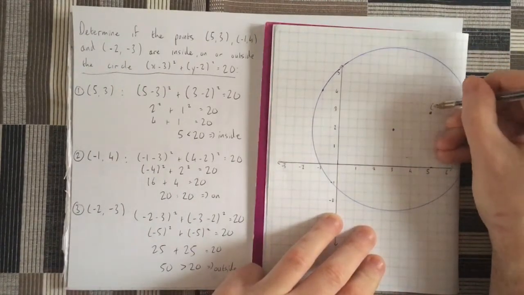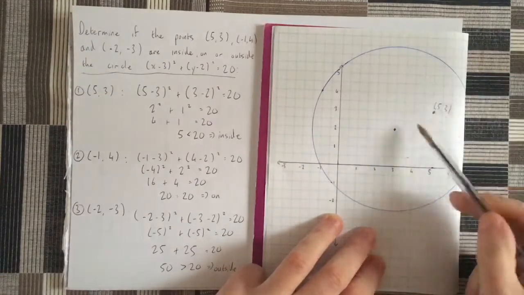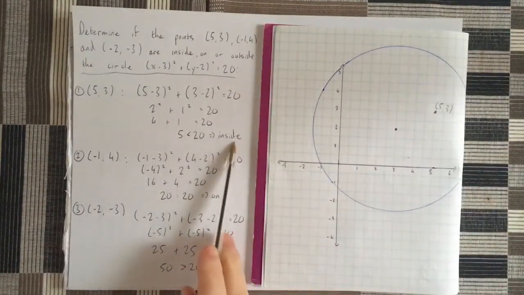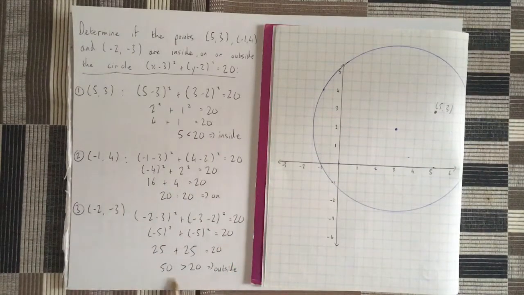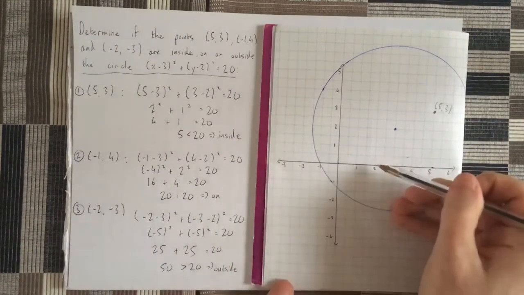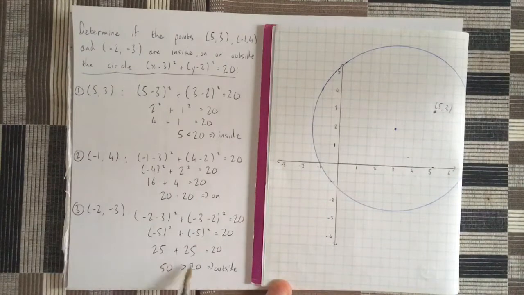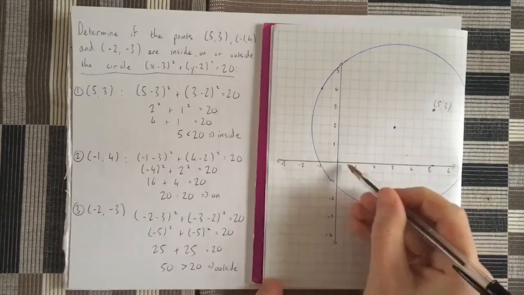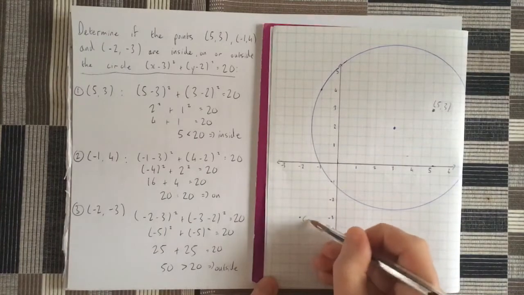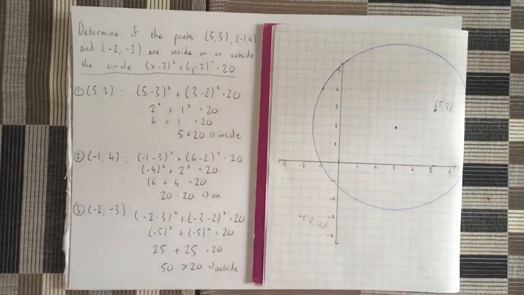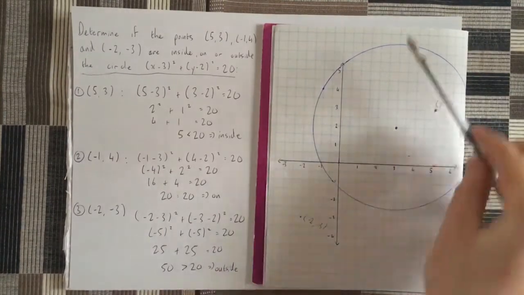From that, I can see 5, 3 is here. And I can see that is inside the circle, just like I found out over here using algebra. And on the left-hand side, minus 2, minus 3. When I did it using algebra, I was told that's outside. Minus 2, minus 3, I can see down here. That's outside as well. So you could do the questions like this.